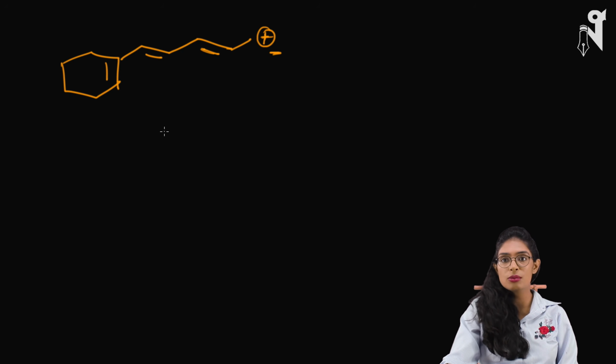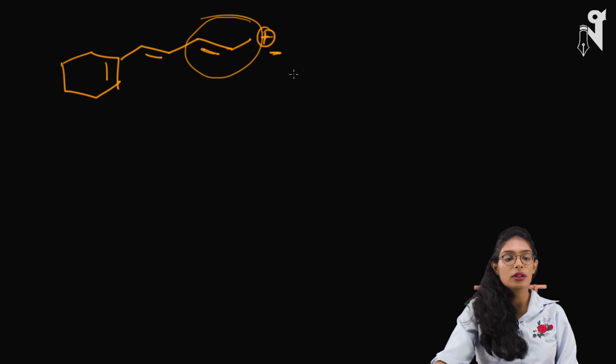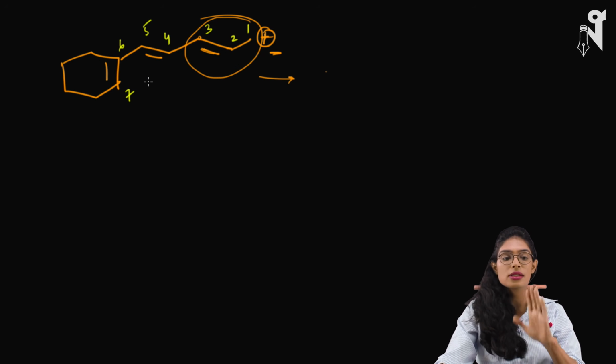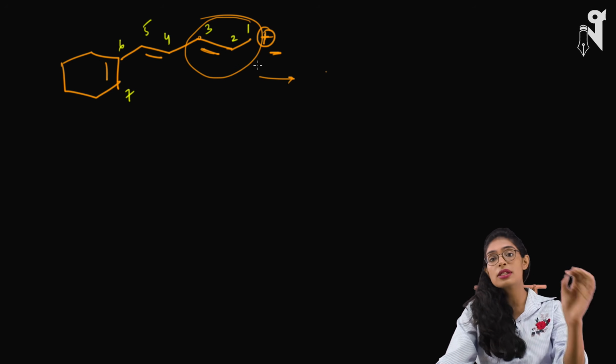There is a conjugate system over here, so conjugation will happen. Now let's go. First we will deal with only this conjugation. Let me mark the carbons. Assume this is carbon 1, this is 2, this is 3. This is just a representation, not for naming the compound or anything like that. This is just for your reference, so that I can say carbon 1, carbon 2, carbon 3.